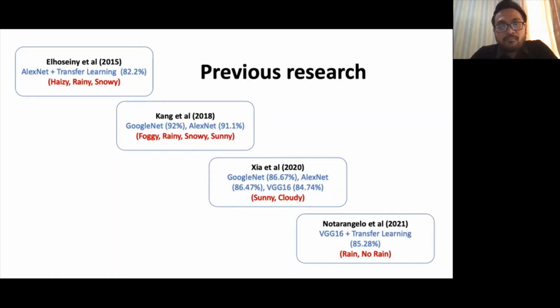The types of weather image in this research are sunny and cloudy. And the last one is Notarangelo et al. in 2021. They used VGG16 and transfer learning, and it reached around 85.28% accuracy. They classified the weather into two classes: rain and no rain.